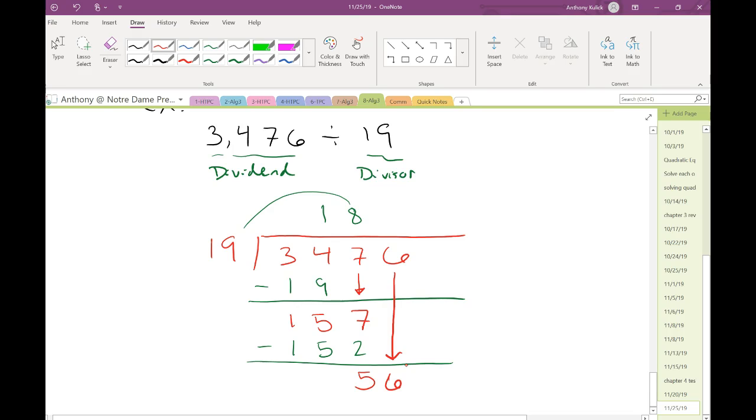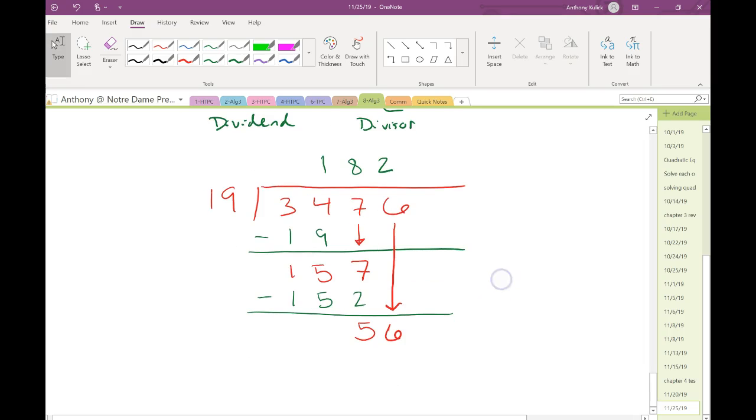And then I bring my next digit down. And I ask again, how many times does 19 go into 56? Yeah, 2 or 3. Do we know which one? 2. 2 times 19 is 38. When I subtract down, I get 18.